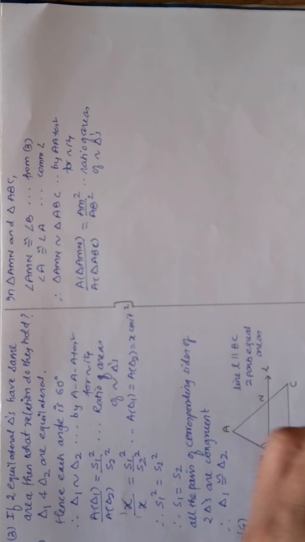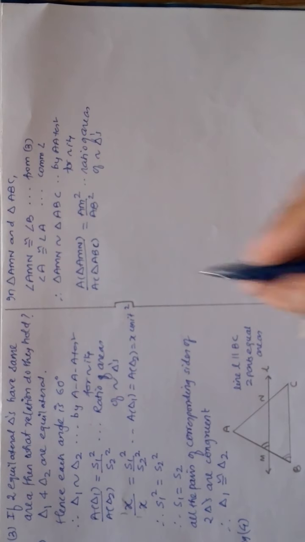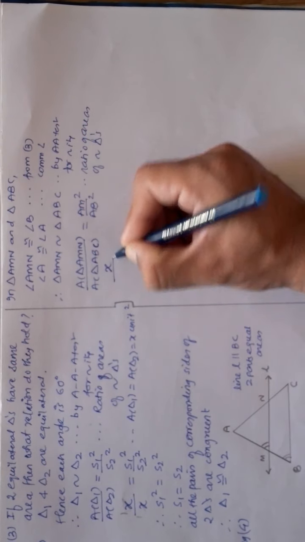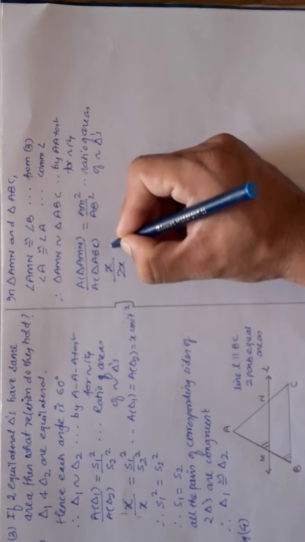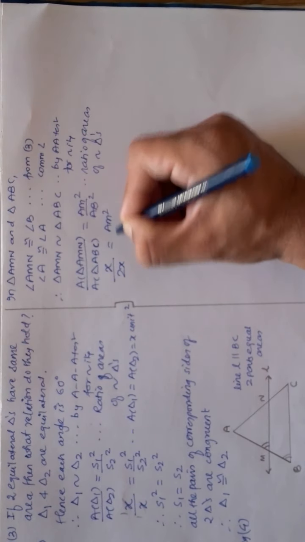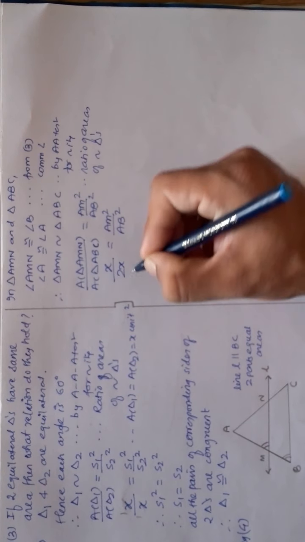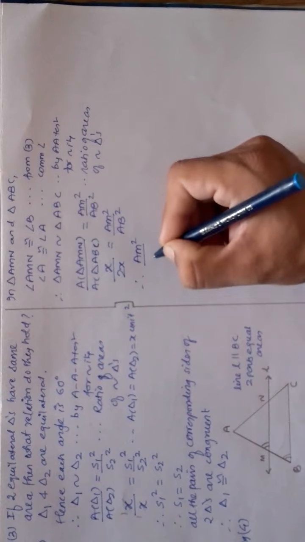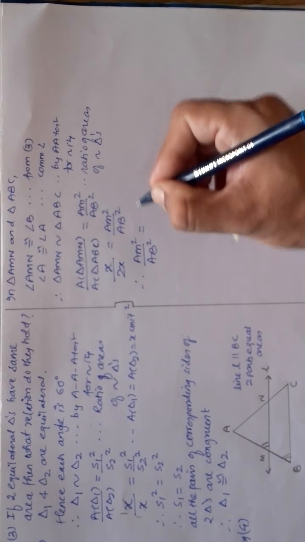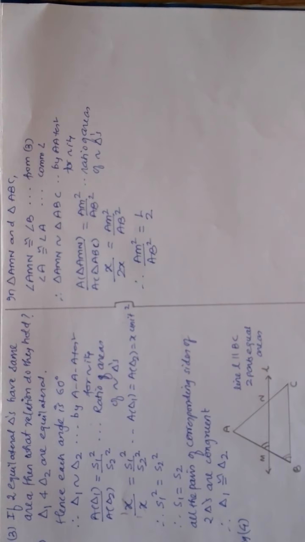Now area of triangle AMN is to area of triangle ABC. Area of triangle AMN is already taken as X, and area of triangle ABC we have found out is 2X. So that is equal to AM square is to AB square, which is 1:2.